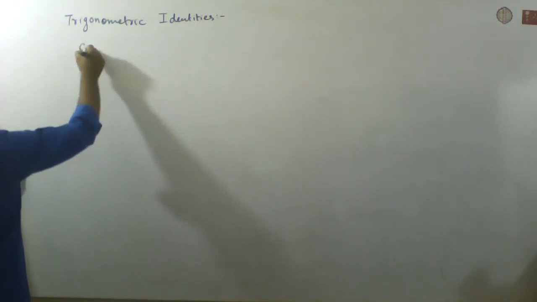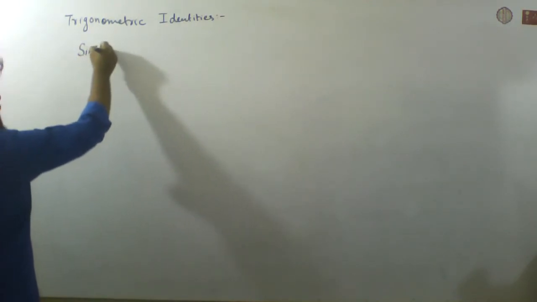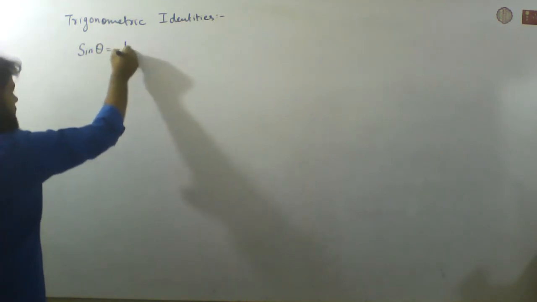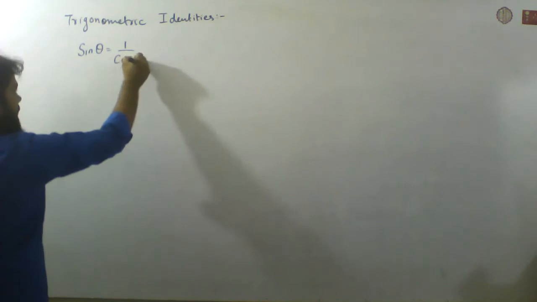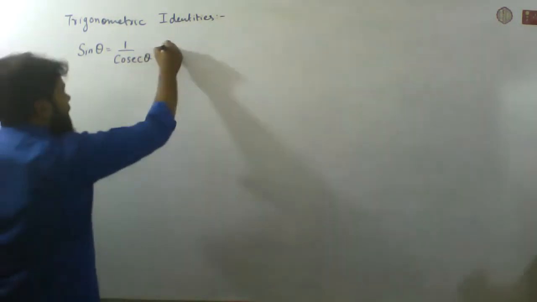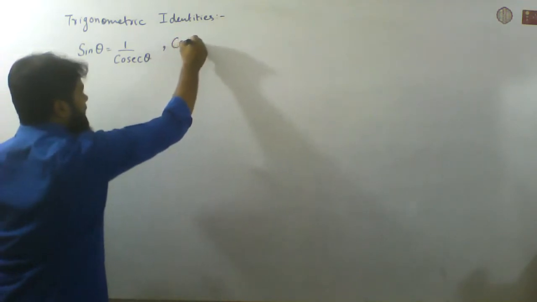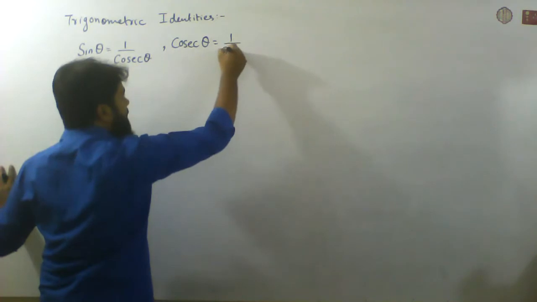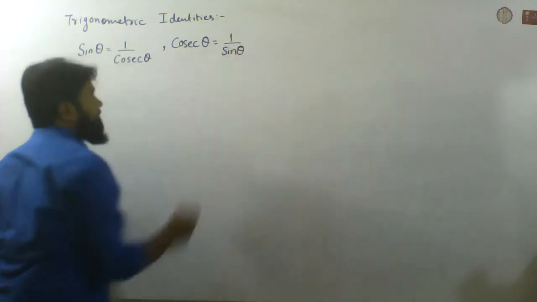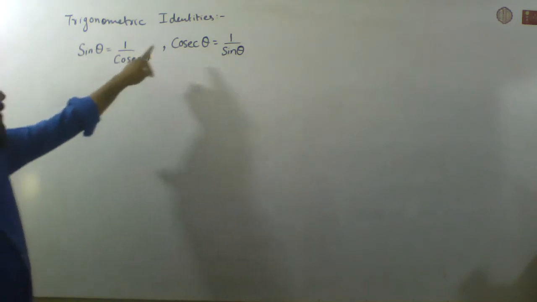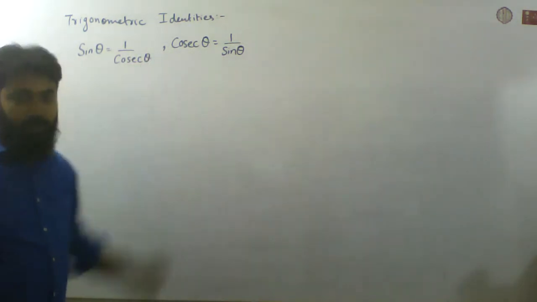The first thing: sine theta is equal to 1 over cosec theta, or cosec theta equals 1 over sine theta. Okay, each is the reciprocal of the other.